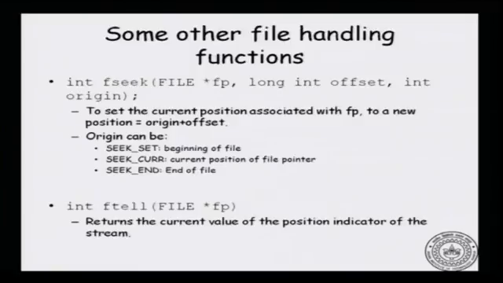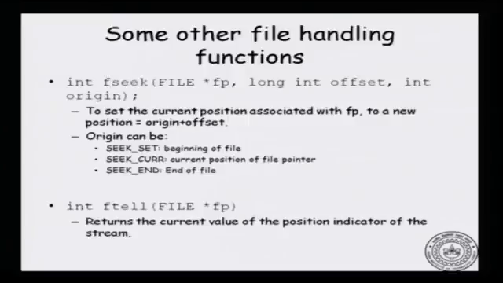Often we may want to read from the 10,000th byte directly, and we do not want to be bothered with reading the first 9,999 characters, discarding them and then coming to the 10,000th character. This may be a lot of wasted time. It would be more convenient if I can directly jump to the 10,000th location in the file. So, is there a function that allows you to do that? Yes, there is this thing called fseek.